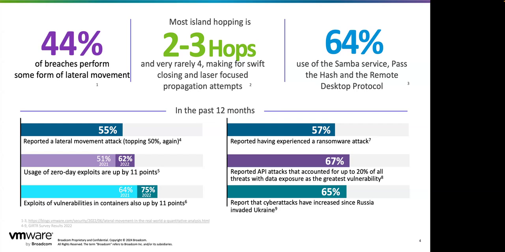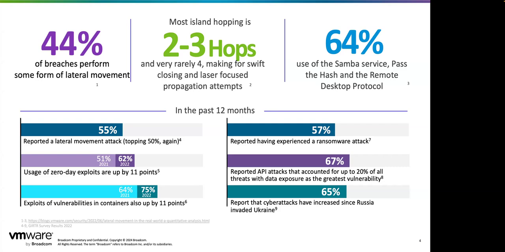Now, in this lateral movement, it's noted that 2 to 3 hops is the most common, very rarely 4, making this swift closing and laser-focused propagation attempts. The attackers know exactly what they're looking for, and they know how to find it quickly. How do they do that? Well, 64% of the time, it's using the Samba service, pass the hash, or even the remote desktop protocol. So very common things that we allow in the environment.